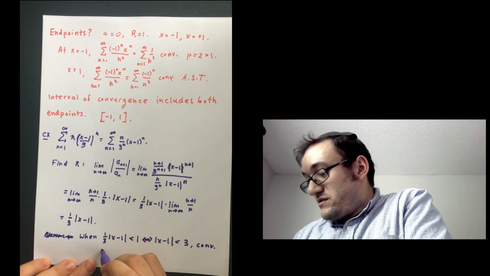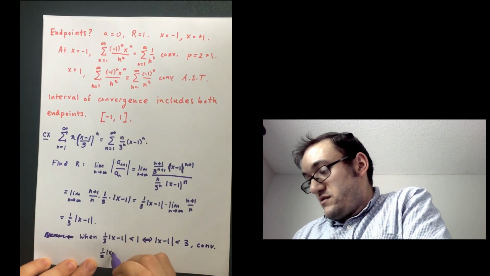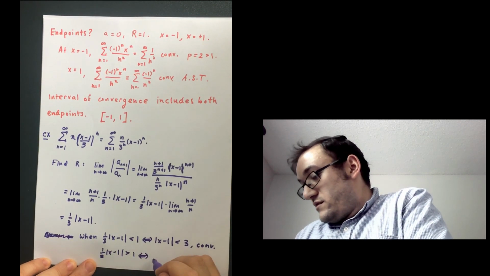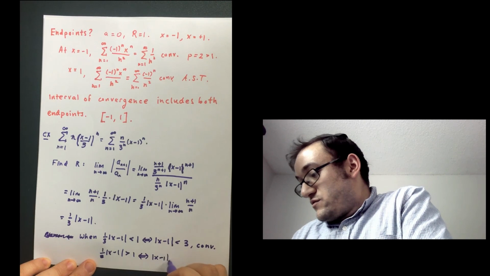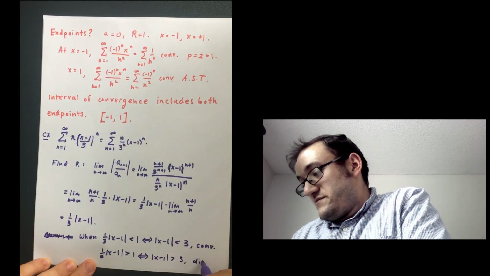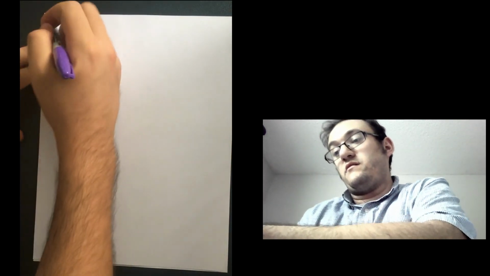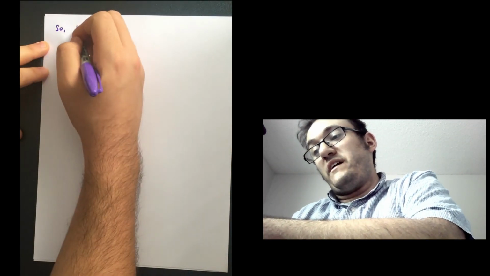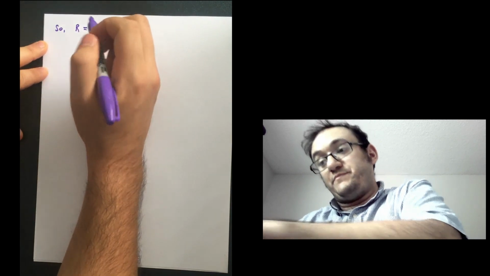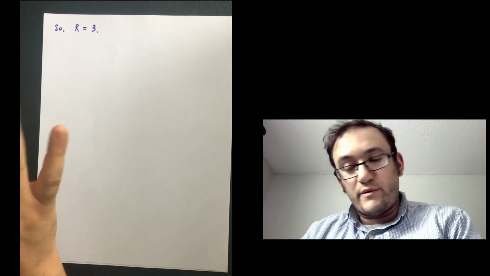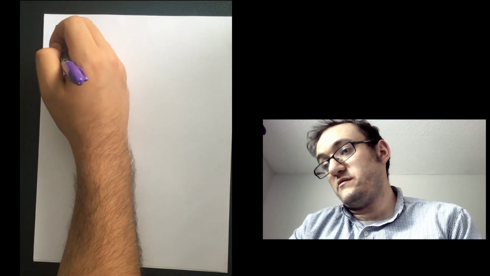When it's greater than 1, which means absolute value of x minus 1 is greater than 3, this diverges. So we learn that the radius of convergence is 3. Now, given that we found the radius of convergence, we need to look at the endpoints.